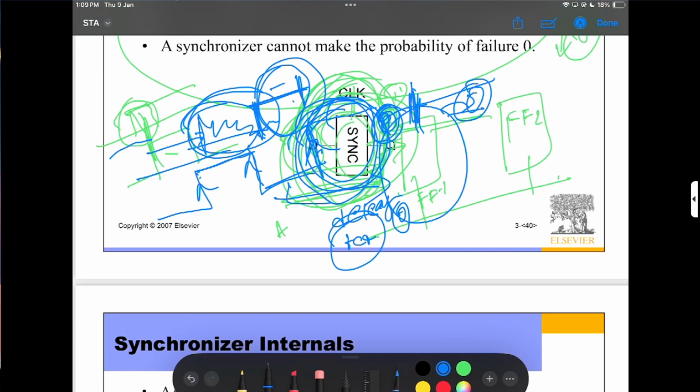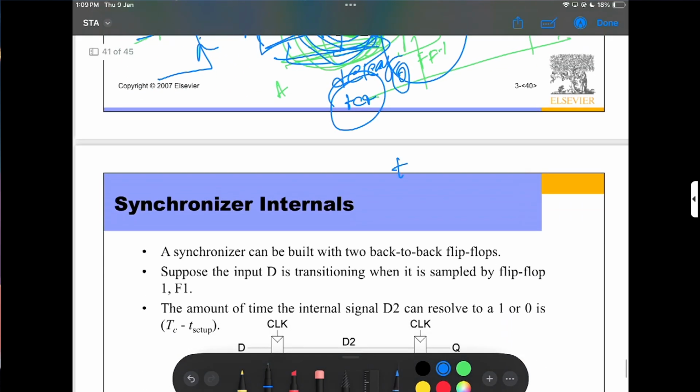If we want to improve metastability more, then we add two synchronizer circuits. More than three is not good, because at that time my T clock will also increase. If T clock increases, then my circuit will operate at a lower frequency. Since F equals 1 by T, if T increases then F decreases, so my circuit will not be that fast.